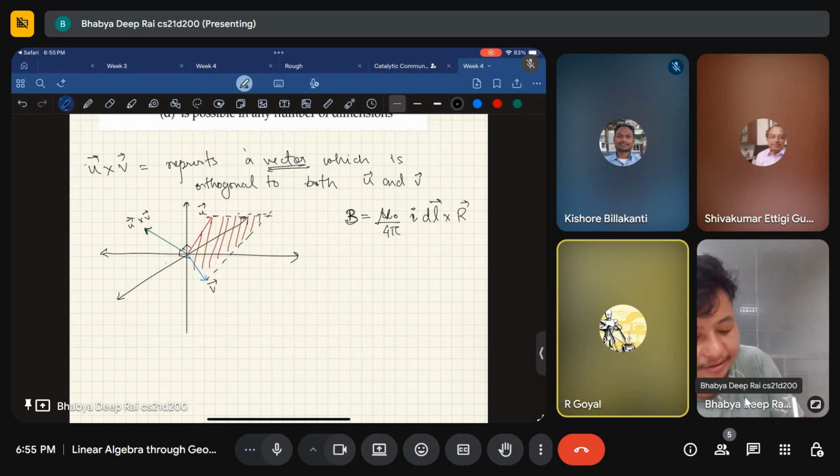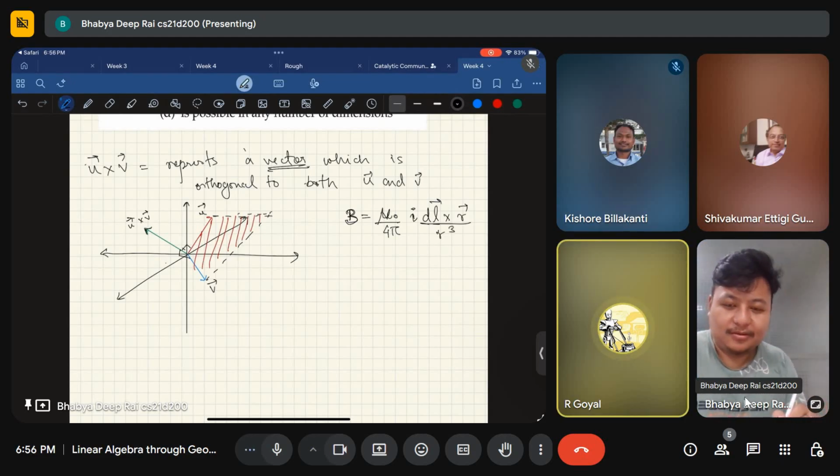Both are vectors, and divided by small r cube. To know the direction of the flux, I remember. If we change the upper one into a unit vector, then the denominator used to become r square, I guess.